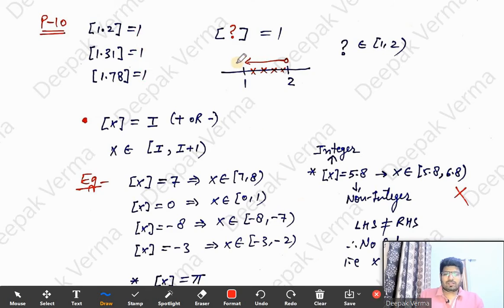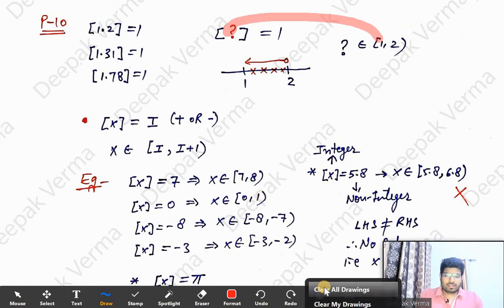So if I ask you box of something, I am putting a question mark over here. Box of question mark is 1. Then what will be the value of this question mark? This question mark belongs to 1 to 2, closed bracket with 1 and open bracket with 2. This question mark can be 1 and anything between 1 and 2.